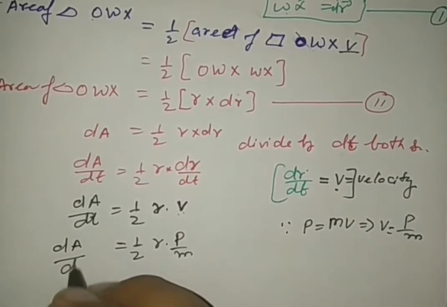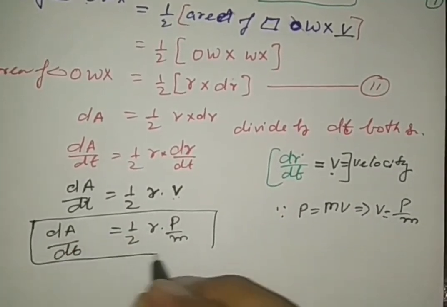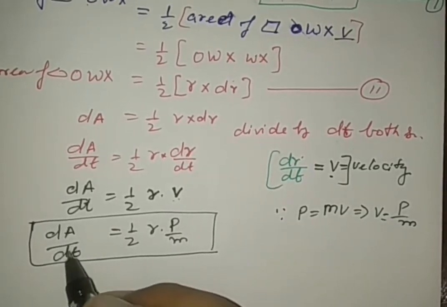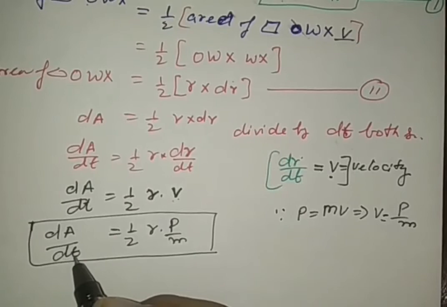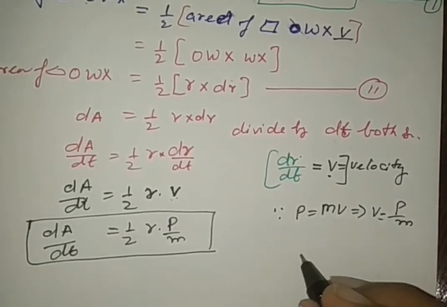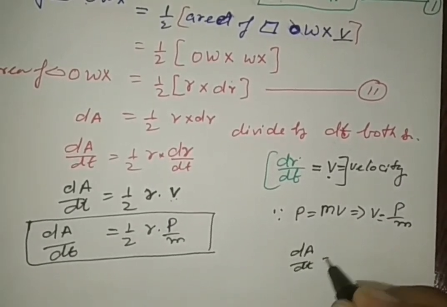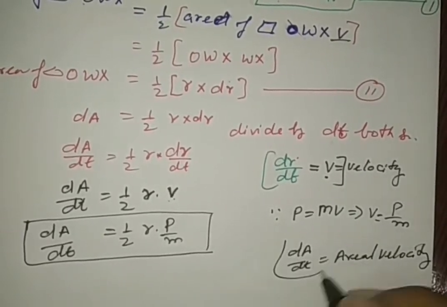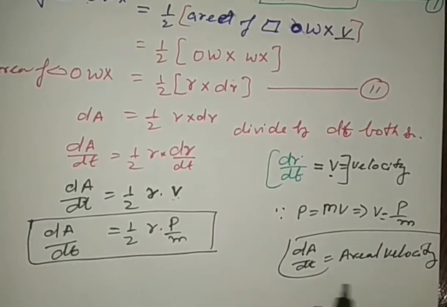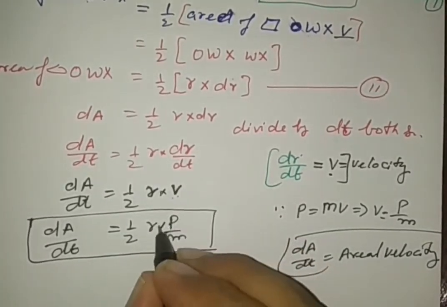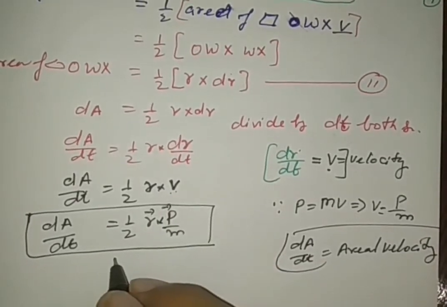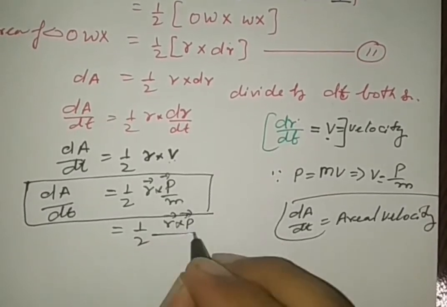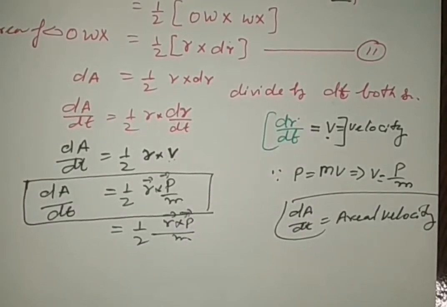Now see what this equation says. dA by dt, the rate of change of area with respect to time, is known as areal velocity. In vector notation, we may write it as half r cross p by m.